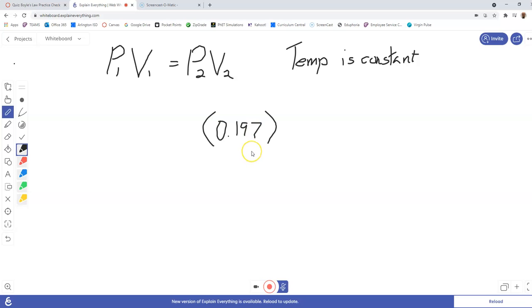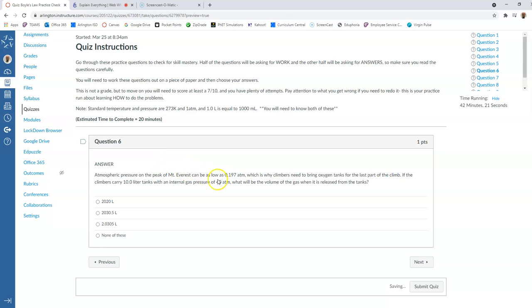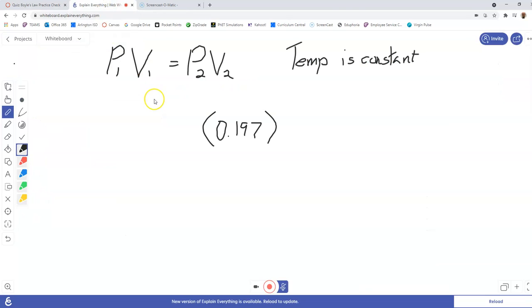For this particular way to solve it, you don't have to write the units until the end. Then it tells us that the climbers carry 10-liter tanks with an internal pressure of 40 atm. So that's going to be our P1 and our V1. So let's look at 40 and 10.